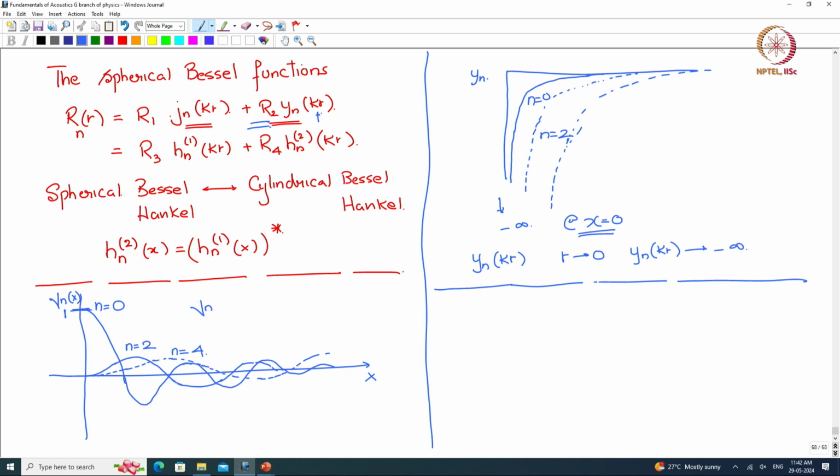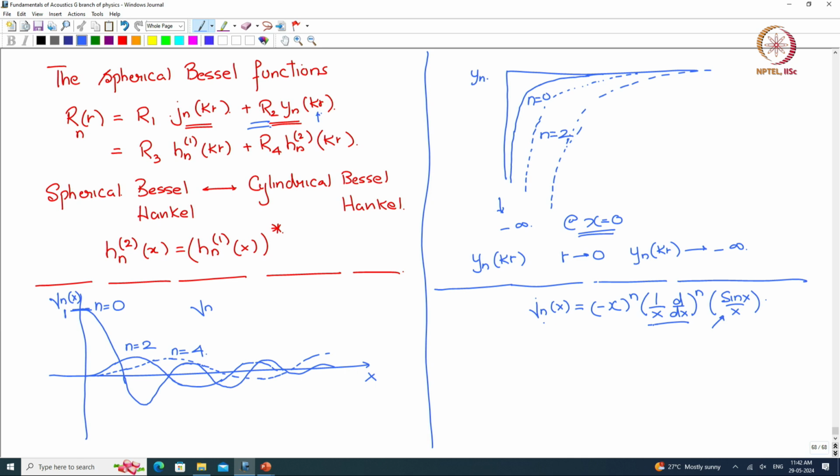Now how do you generate these? The generating functions are these. For Jn's, these are minus x to the power n, 1 over x d by dx, the operator to the power n, operating on sine x over x. If n is 1, this operates once.